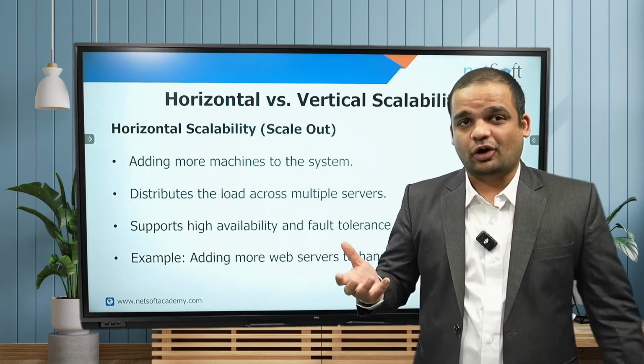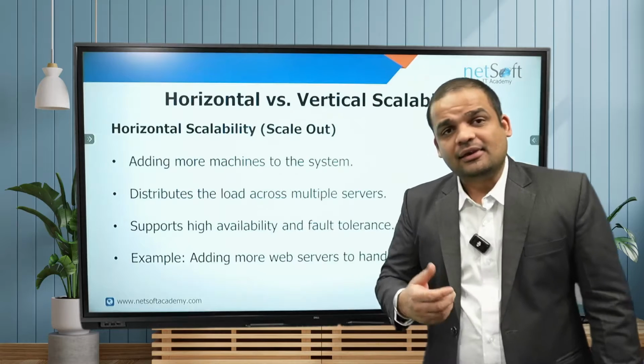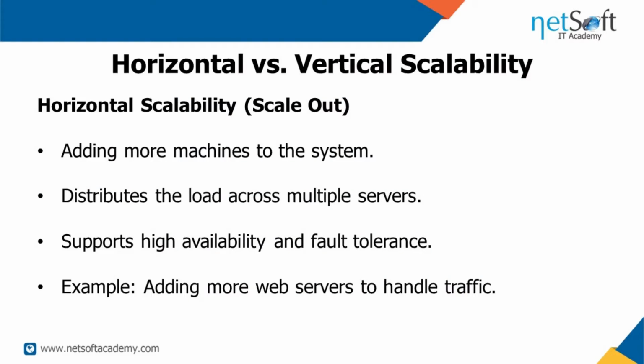The key feature of horizontal scaling is it distributes the load across multiple servers, improving performance and reliability. It supports high availability and fault tolerance by replicating the services on multiple instances or machines.